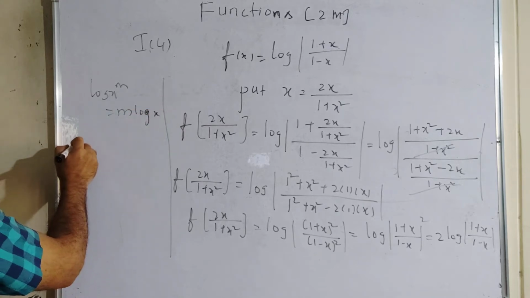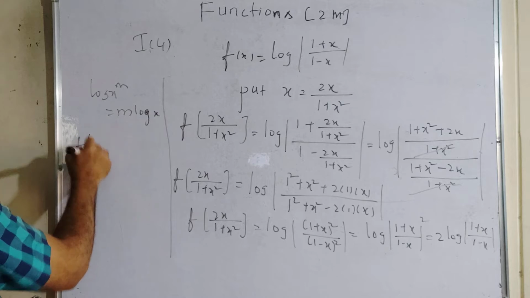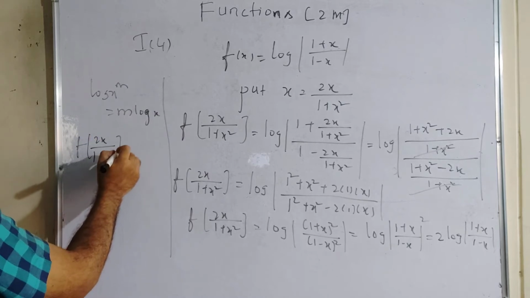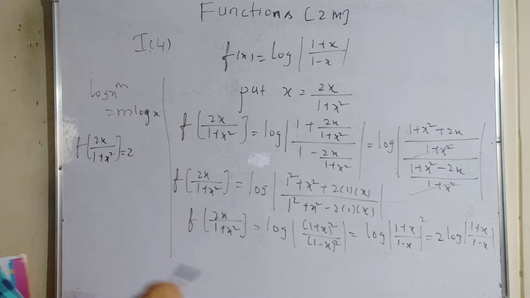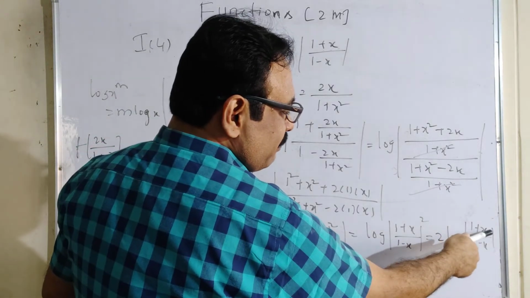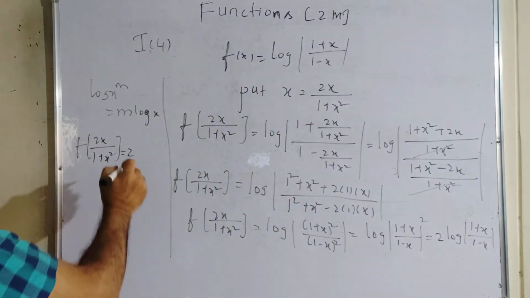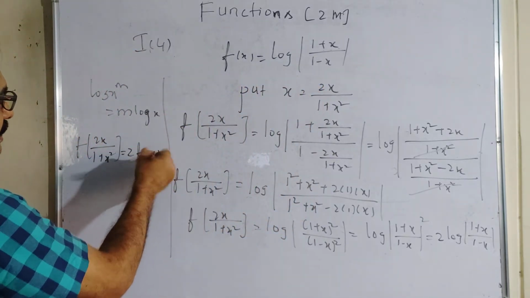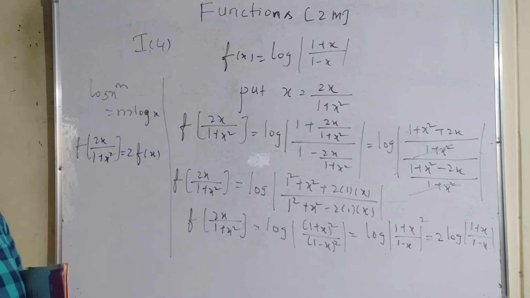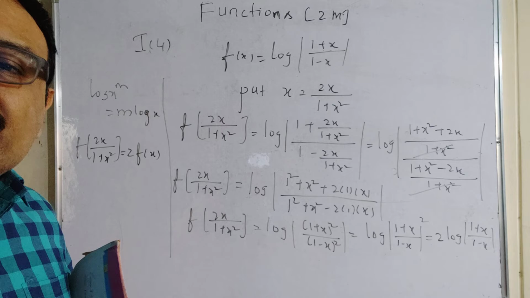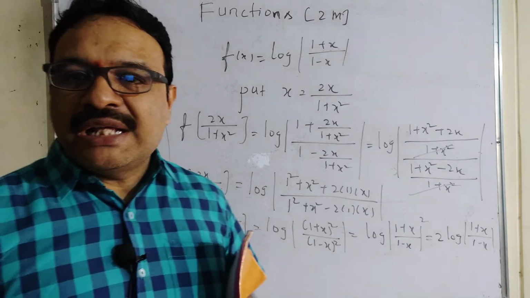So f of 2x by 1 plus x square is equal to 2 into logarithm of modulus of (1 plus x) by (1 minus x), which is equal to f of x. So I'll replace this with f of x, and that is the solution. We proved that LHS is equal to RHS, as simple as possible.